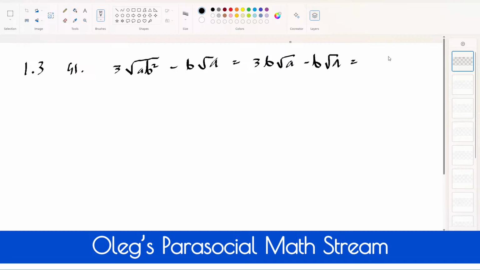That should be, yeah. It's going to be 2b root a. So there are 3 sets of b root a, and we're taking away one of them. So that leaves 2b root a.